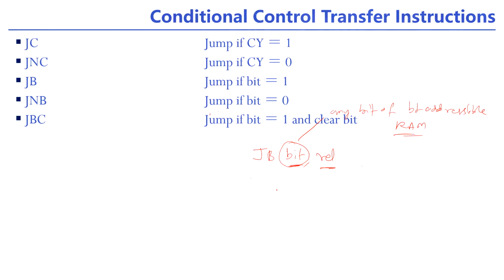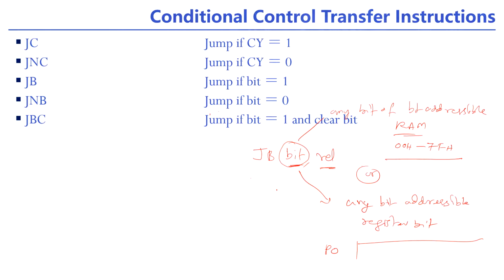That means it can have bit addresses ranging from 00 to 7FH, or this bit may be any bit addressable register bit. Let us consider an example of a bit addressable register, port 0.